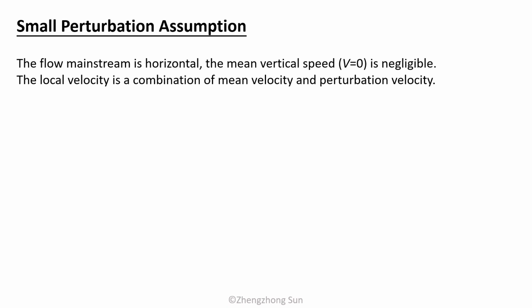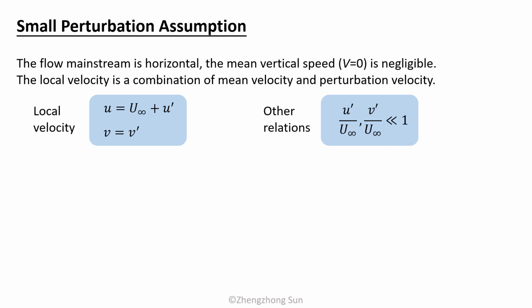The local velocity is a combination of mean velocity and perturbation velocity, which means the horizontal velocity is u infinity plus u prime, and the vertical velocity is v prime. Since u prime and v prime are perturbation velocities, they are smaller than the magnitude of u infinity.